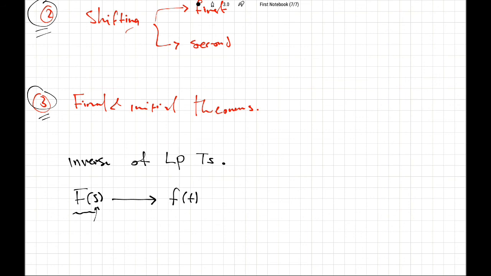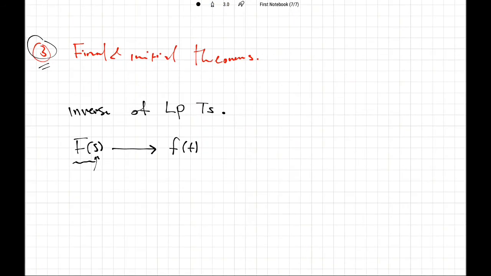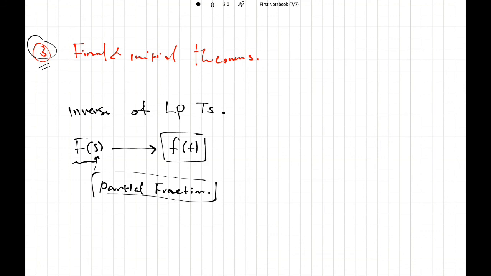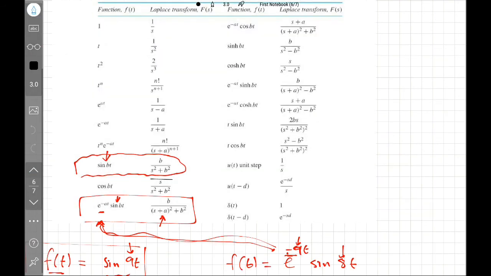And the tool that we are going to use is called partial fractions. This tool will enable us to find what our function was with the help of this table.